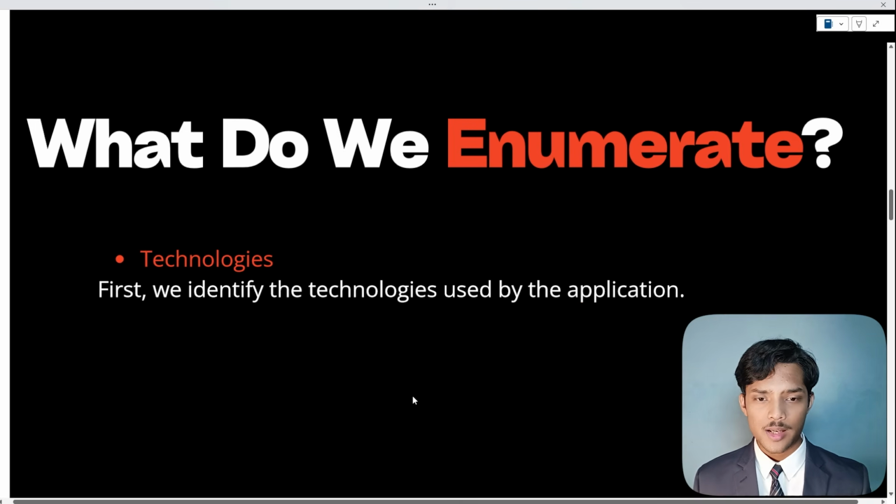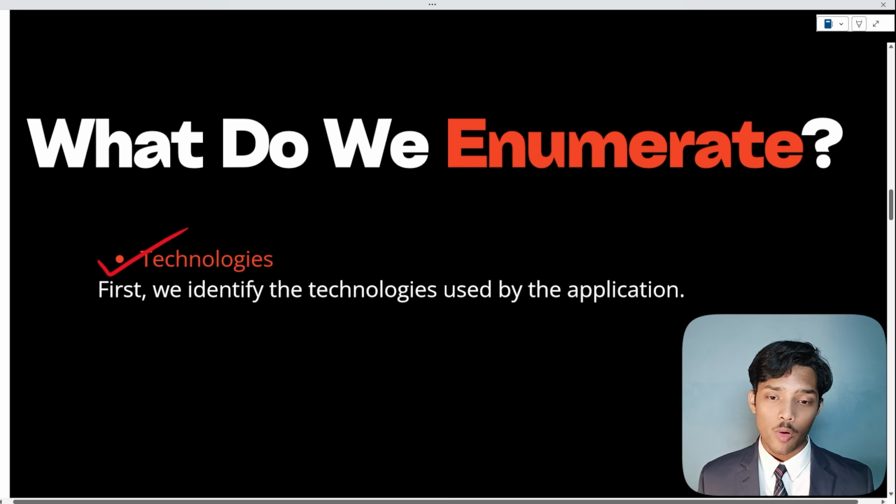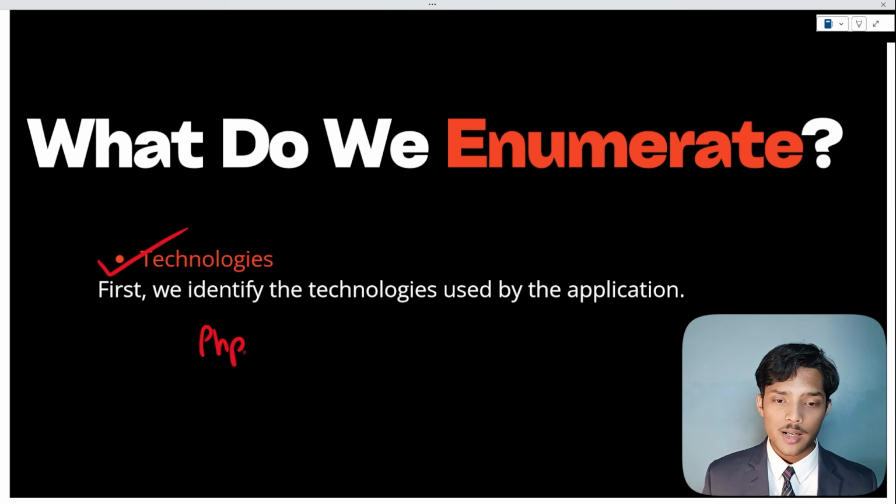Now let's move ahead and see what we actually enumerate. The first thing is technologies. We identify technologies used by the application. So we check: is it running PHP? Is it running Next.js? Is it running Django?